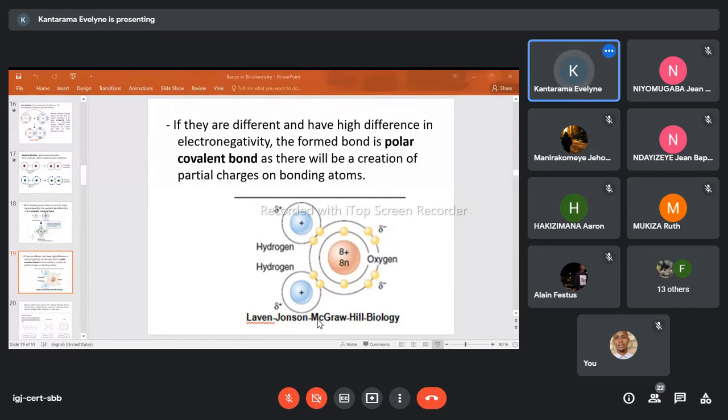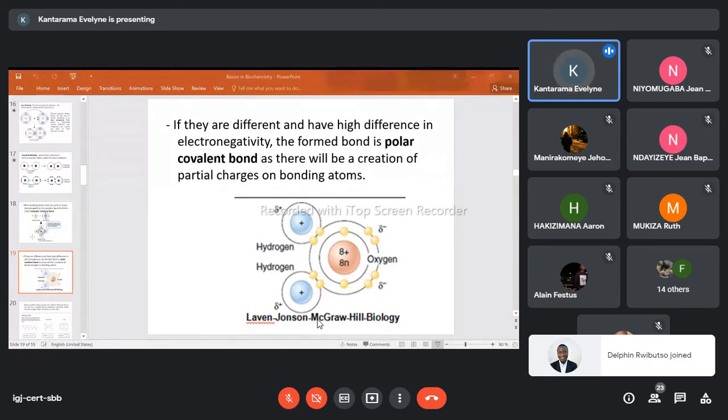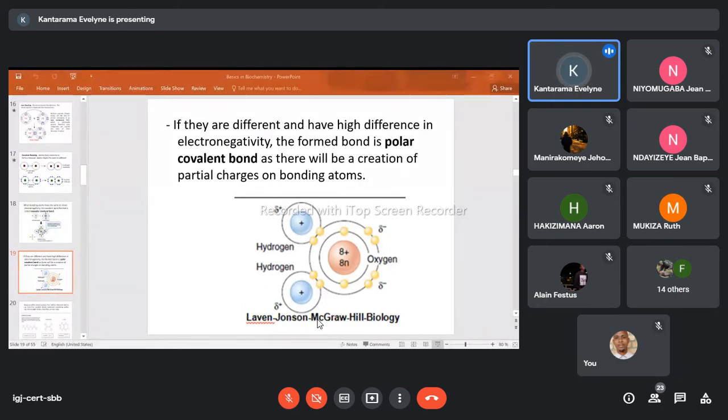And I say those kinds of interactions are very important in structural biochemistry, not only in structural biochemistry, but generally in biochemistry, because those bonds will help us to understand the structure of biomolecules. For example, a sophisticated structure of a protein, how the plasma membrane lipid bilayer is arranged. It is all about those kinds of interactions. Okay?